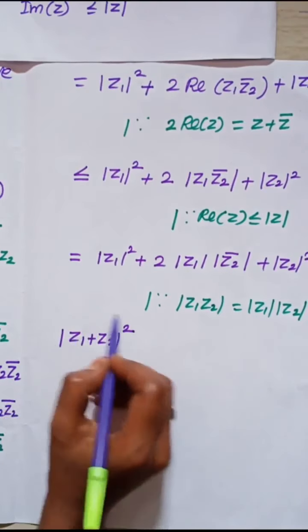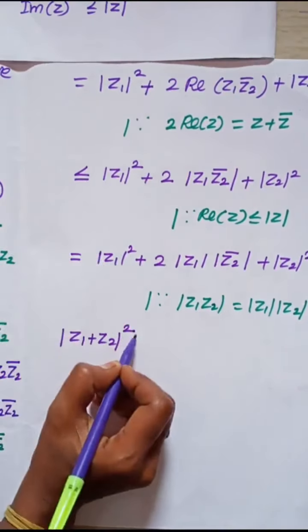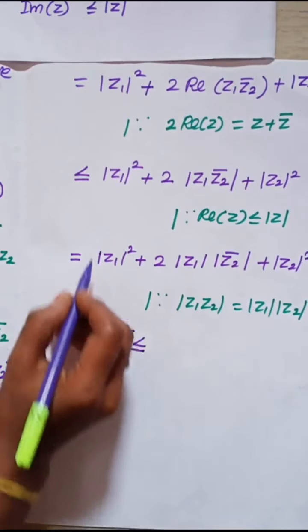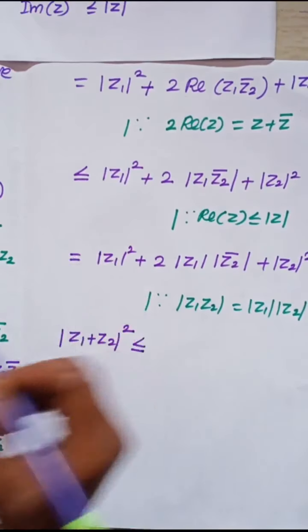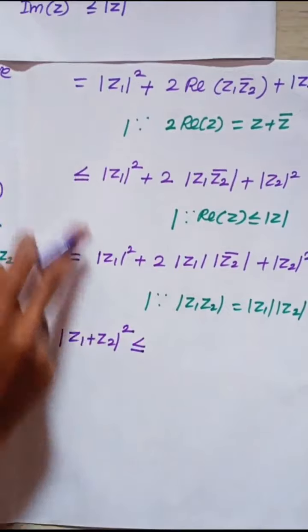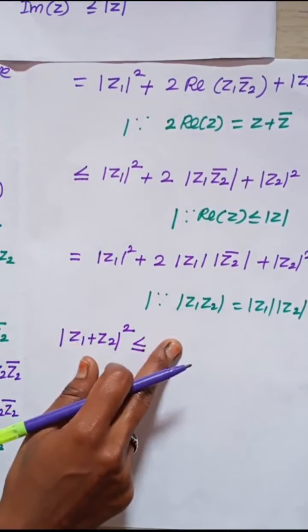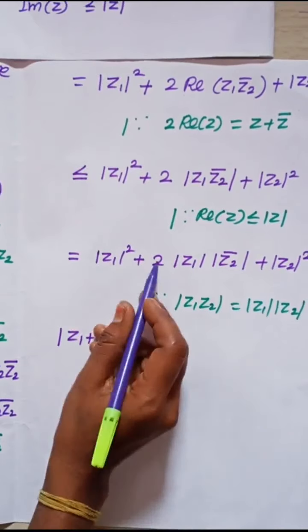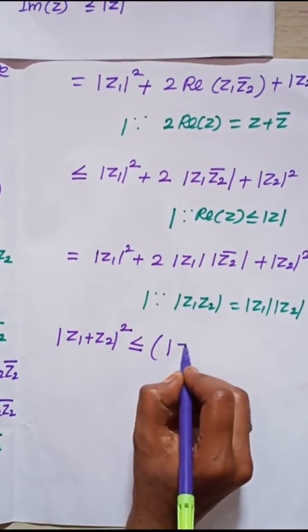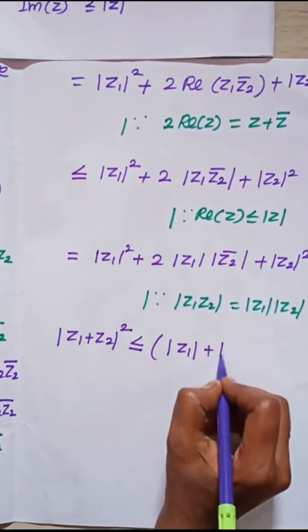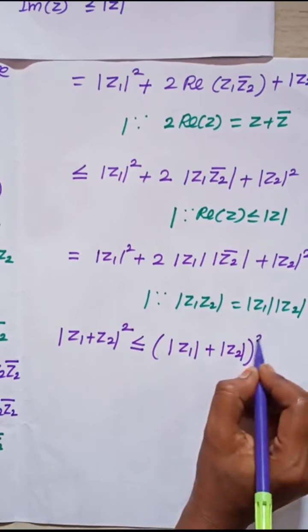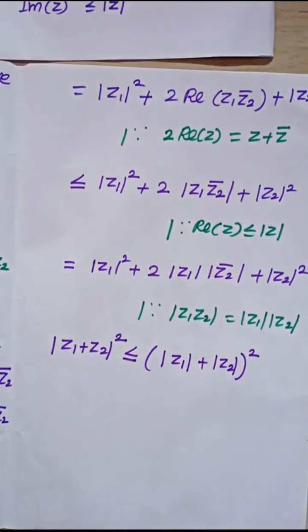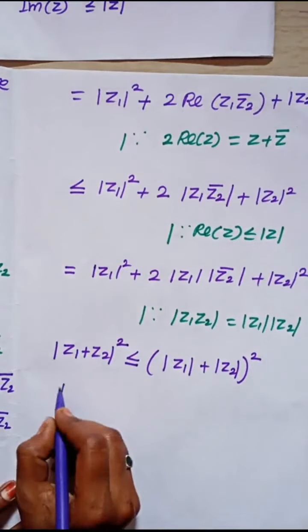When we write the left hand side, that time we use less than or equal to; otherwise we write equal. Write these two steps carefully. So less than or equal to, which is in the form of a plus b the whole square: modulus of z1 plus modulus of z2 the whole square.